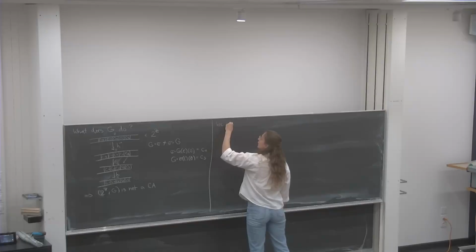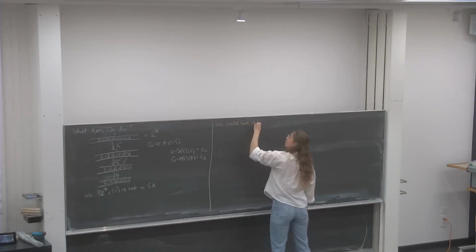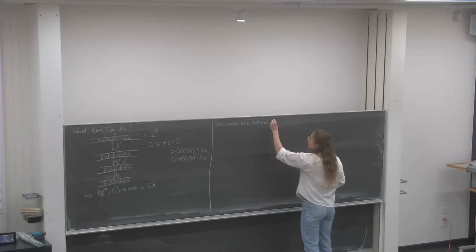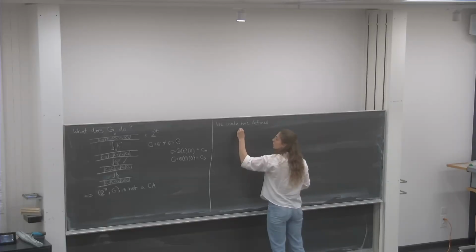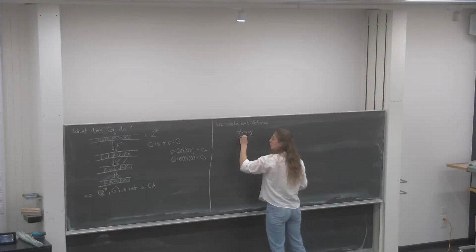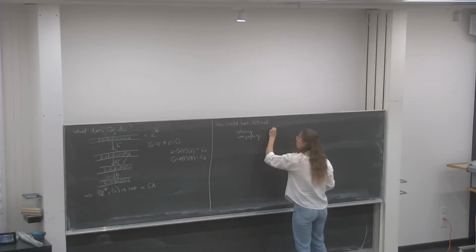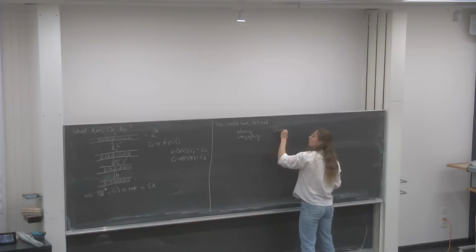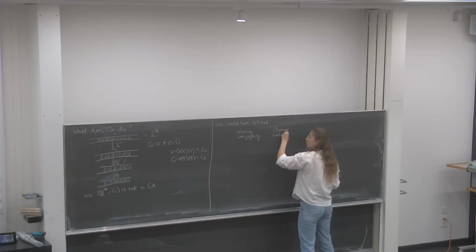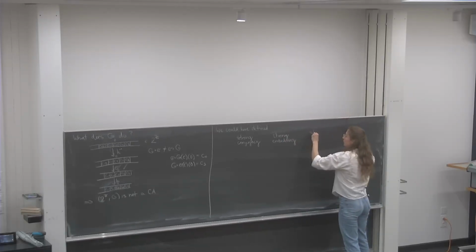We could have defined, and sometimes in the literature it is required, a strong conjugacy, strong embedding and strong factor maps.